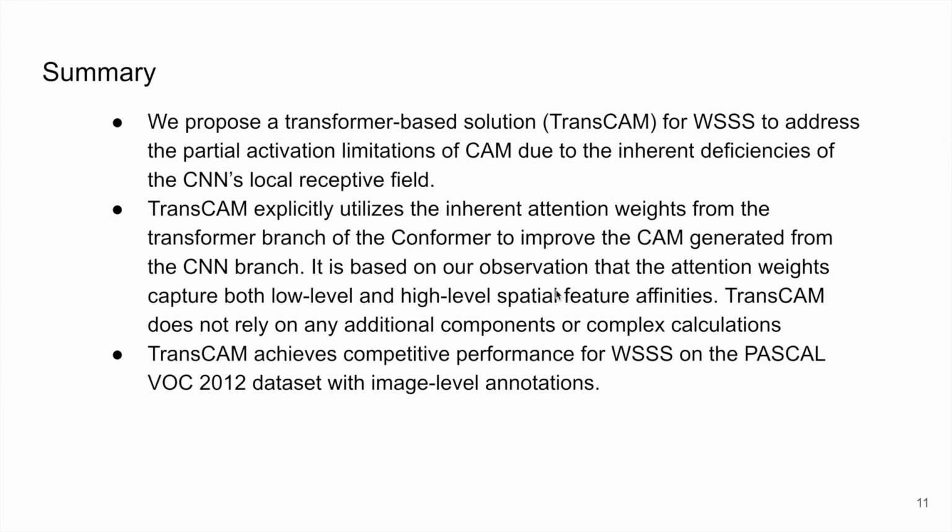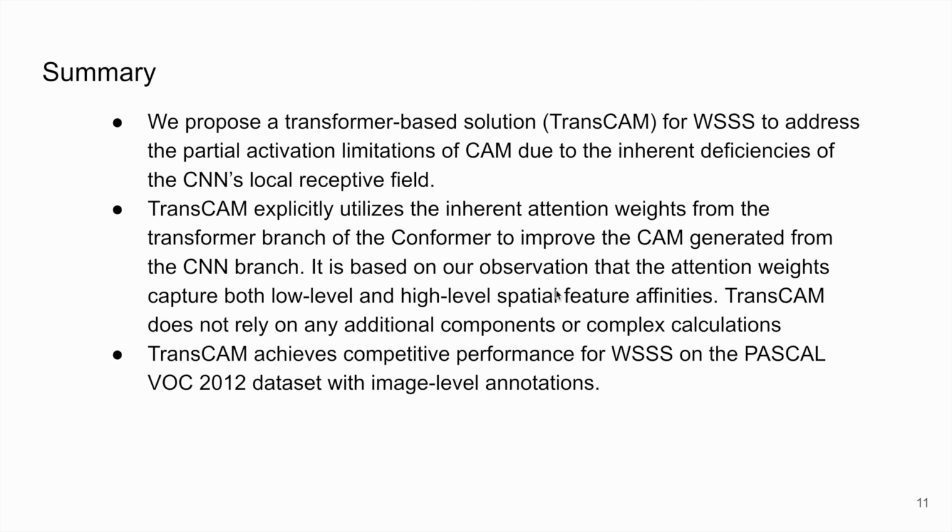In summary, we proposed a transformer-based solution, TransCAM, for weakly supervised semantic segmentation to address the partial activation limitation of CAM due to the inherent deficiencies of CNN's local receptive field. Our method explicitly utilizes the inherent attention weights from the transformer branch of the conformer to improve the CAM generated from the CNN branch.